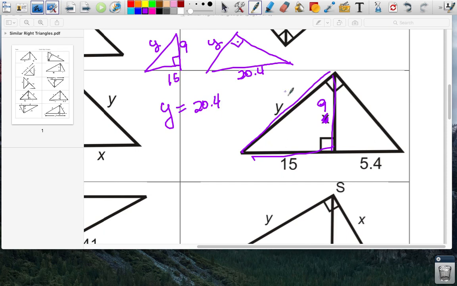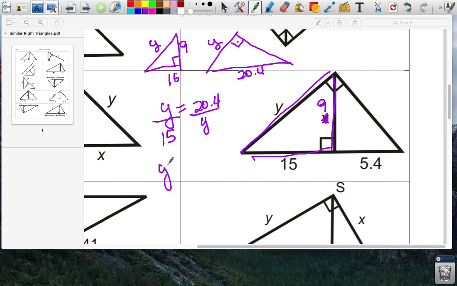This hypotenuse is the same as the big hypotenuse, the big triangle. And then this 15, which is the second longest side, represents y on that side, right? So this and this correspond to each other.